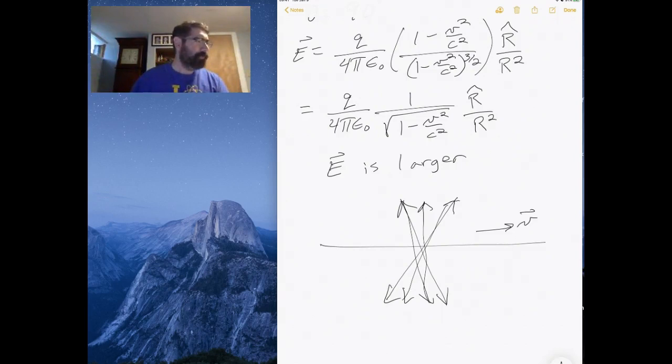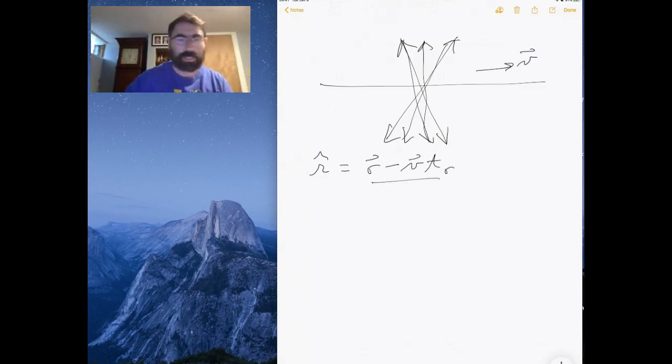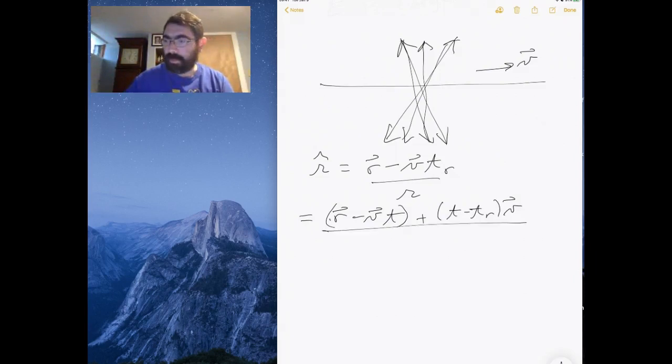Okay. If I now look at the magnetic field, I start with this equation, and that gives me this, where I essentially have to get that r hat.